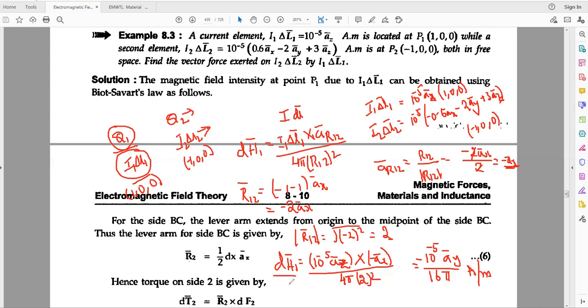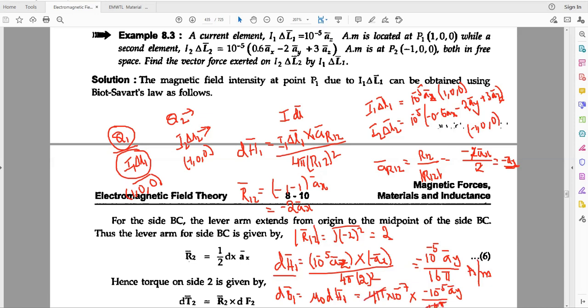Okay, and thus we can find dB1 bar, the differential magnetic flux density, which is mu naught into the differential H1 bar. Mu naught is 4 pi into 10 power -7, multiplied with -10 power -5 AY bar divided by 16 pi.